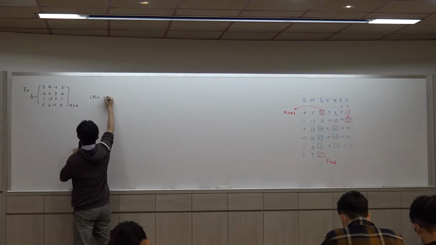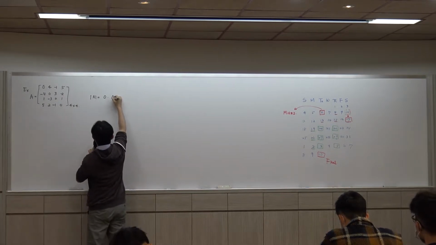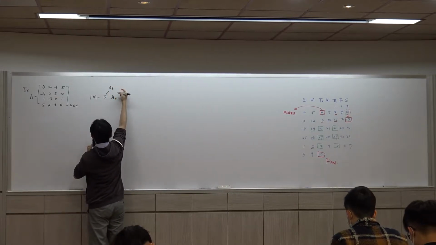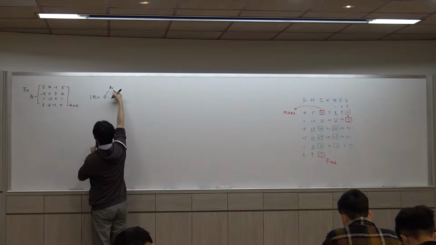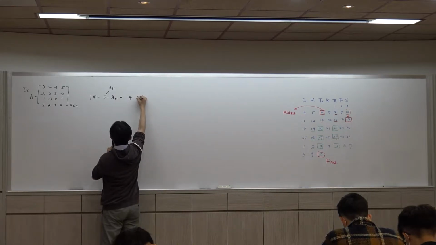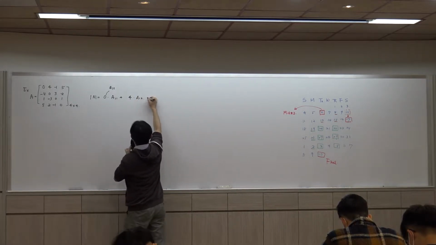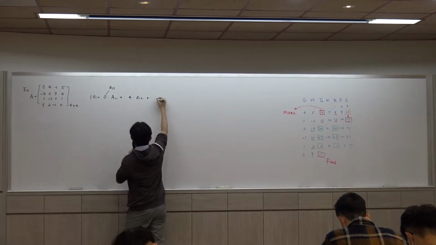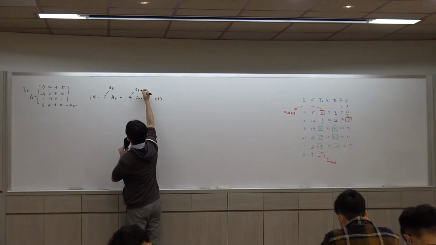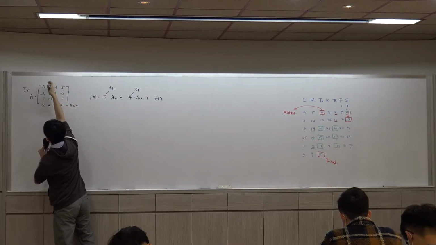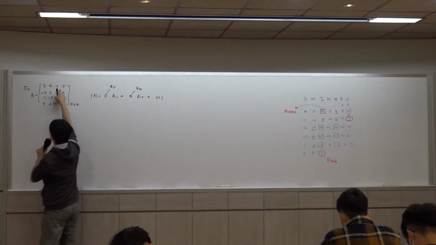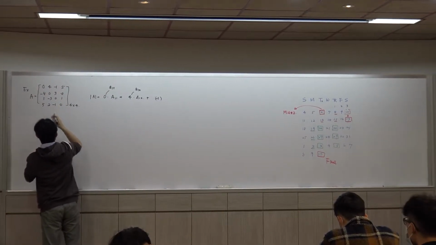You can use a11, the element in the first row and first column, a12, the first row and second column, and a13, the first row and third column.